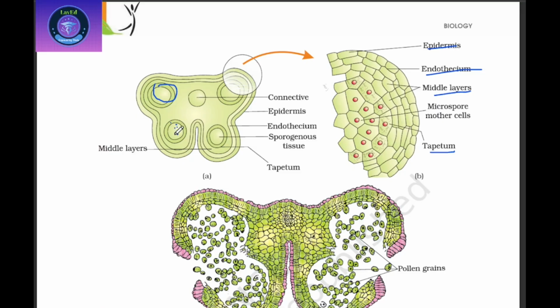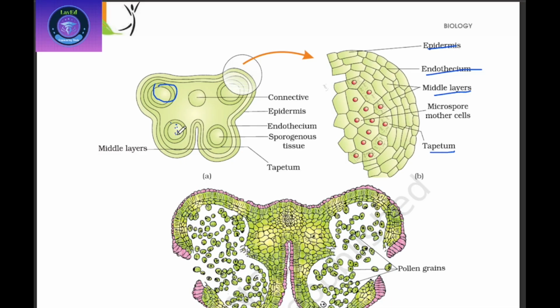There exist a lot of cells. Each of the dots is capable of generating pollen grains, so each cell is also known as a pollen mother cell.